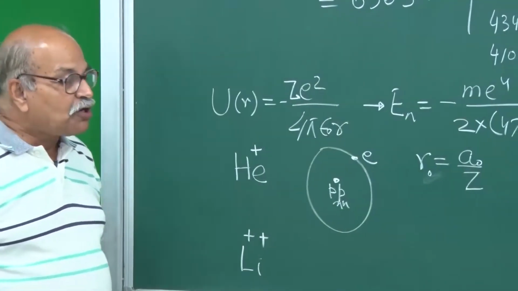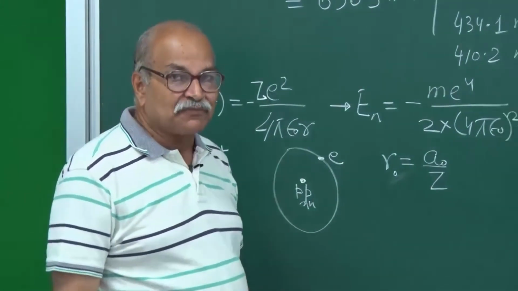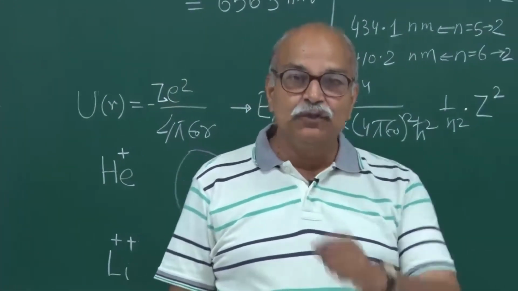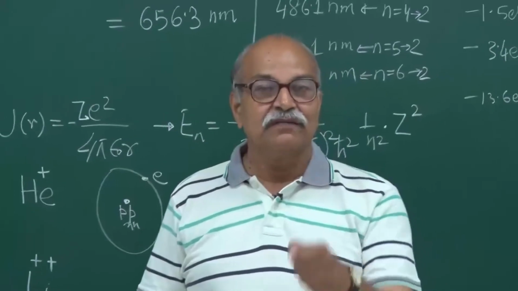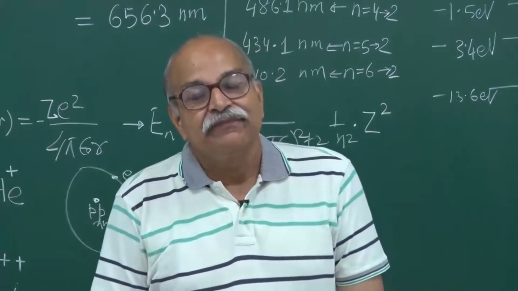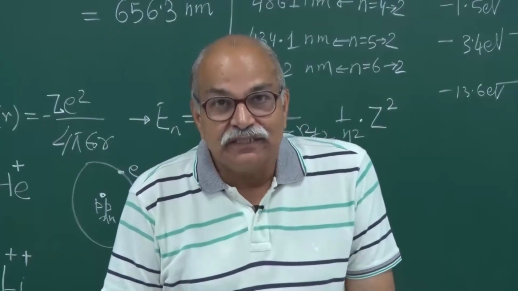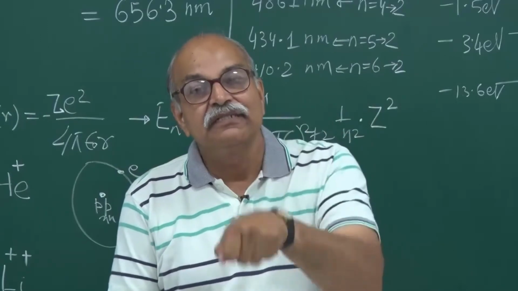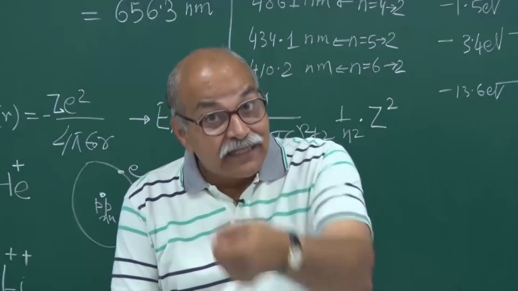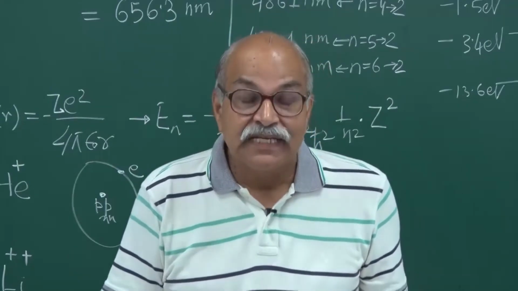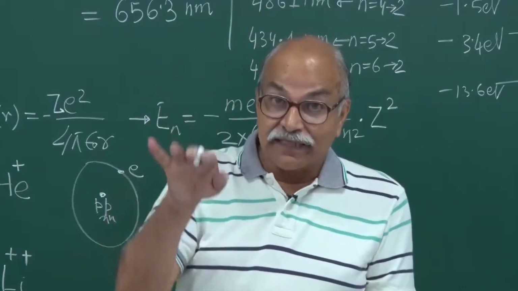But then if you talk of helium atoms, not helium ions, where you have 2 protons and then 2 electrons, the potential energy of any of these 2 electrons in the field of the nucleus and the other electron is not of Coulombic type, it is not of 1 by r type.